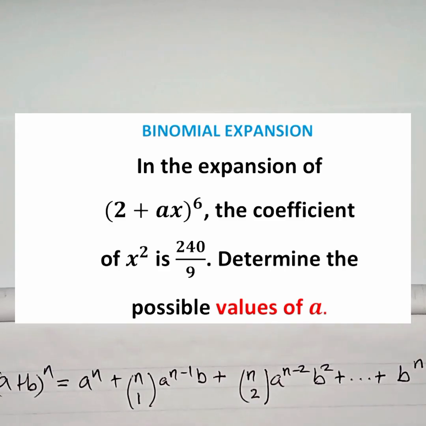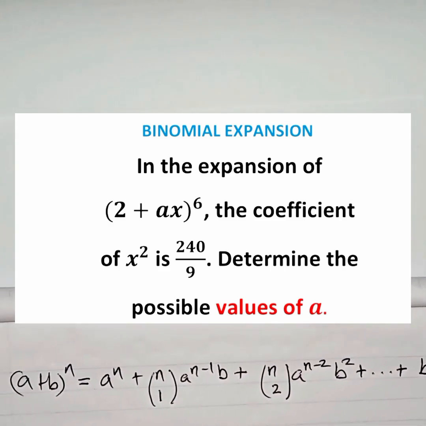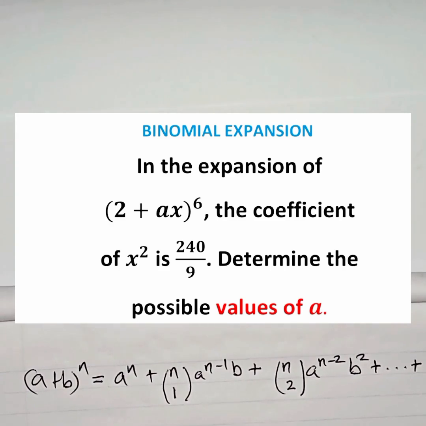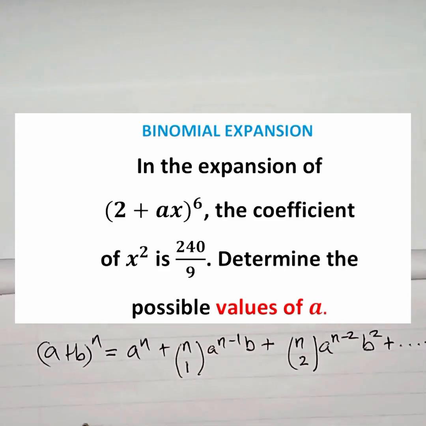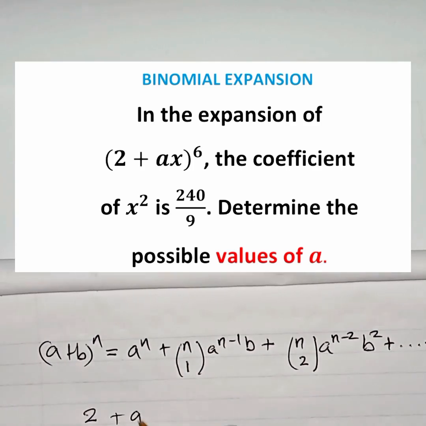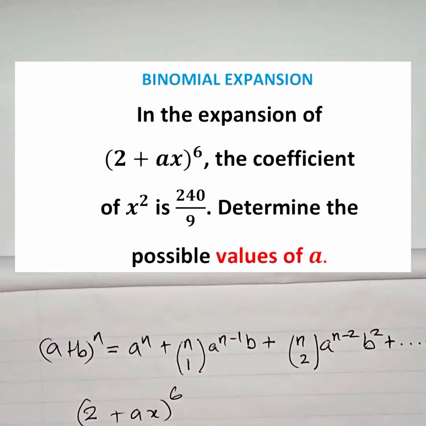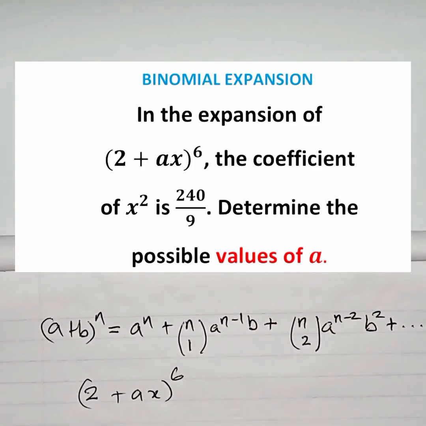All right. Now we are going to expand this expression that we are given, and it is (2 + ax)^6. Upon using that formula, we shall be taking our 2 to be a, and then our b will be ax.